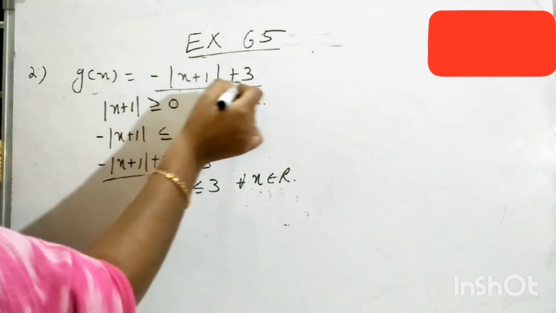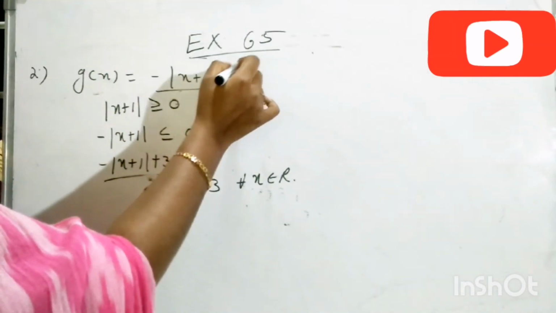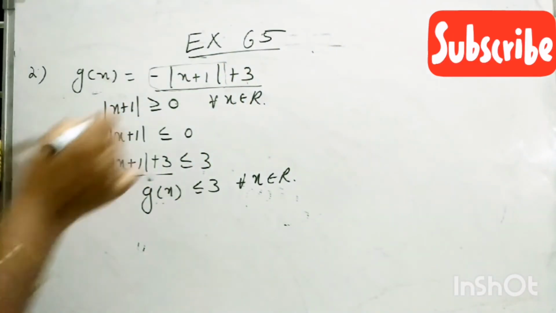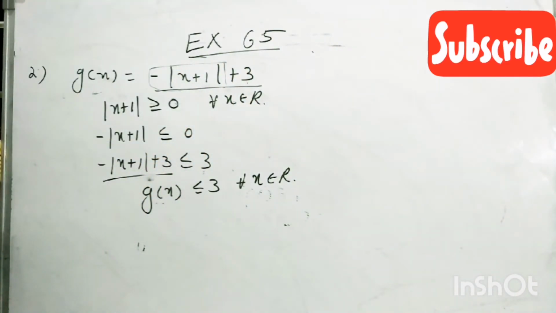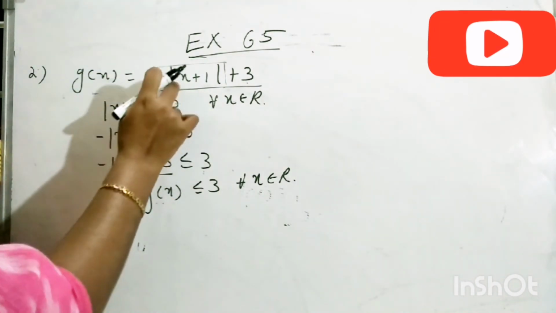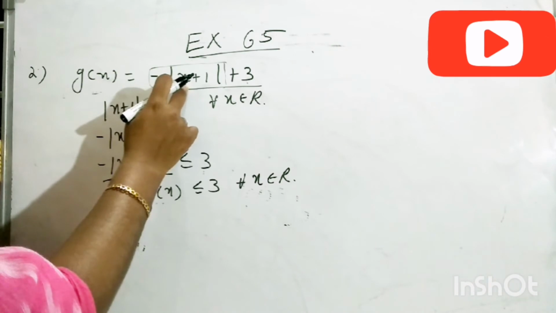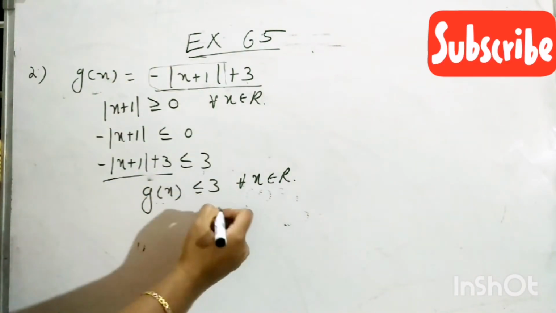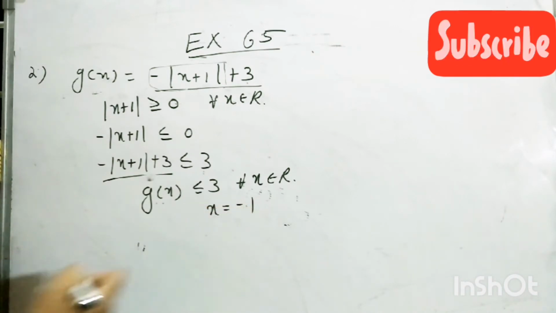And if you want to get this g of x equal to 3, then the term minus of |x + 1| should be equal to 0. When it becomes 0, the term inside the modulus is equal to 0, so we will get x is equal to minus 1.